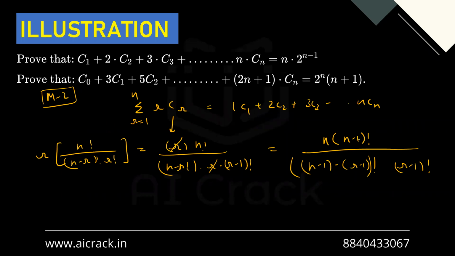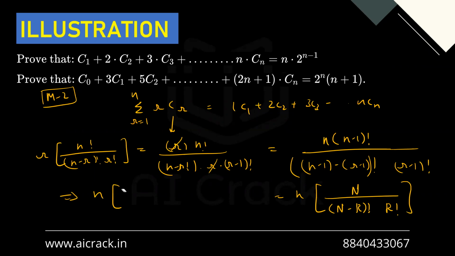So if I take n minus 1 as capital N, this looks like n times capital N factorial divided by capital N minus r factorial times r factorial. This is what we have written over here. Now I can write this as n times capital NCR. Capital N is actually n minus 1, so n times n minus 1 C r minus 1, right? So after the transformation, we have got this.